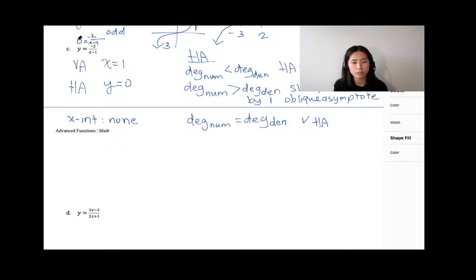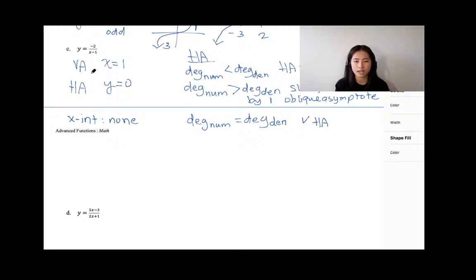When you cross multiply, 0 times x minus 1 is 0, so 0 is equal to -2. Therefore, you don't have any x-intercepts. This is very similar to the difference between saying your x-intercept is none versus x-intercept is equal to 0, so you have to be careful with these terminologies.